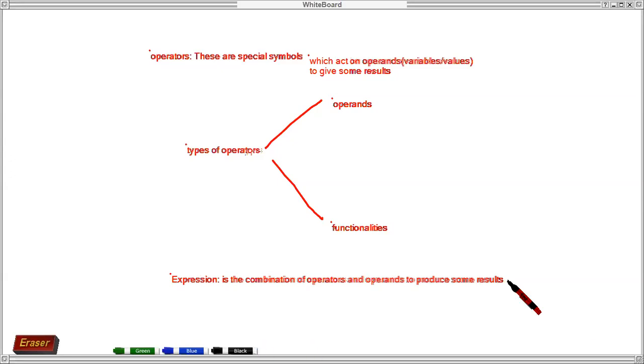Basically, as you can see, every term is interrelated with the others. The first is the operand, next is the operator, and third is the expression.